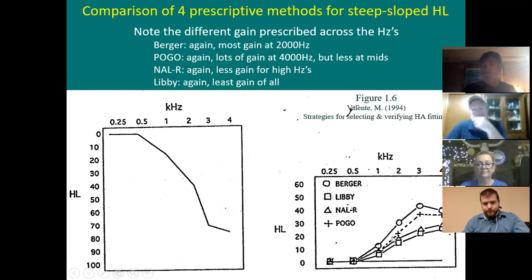Okay? But look at where they differ again. Berger, once again, the powerhouse. And then POGO, once again, a lot like Berger at 4,000, but less than Berger for the mids. And then you've got Libby, the squares, third gain. And then you've got NAL, the second weakest, became the most popular method around.